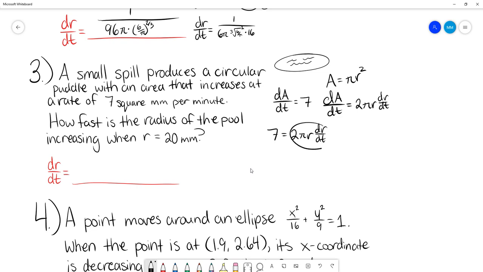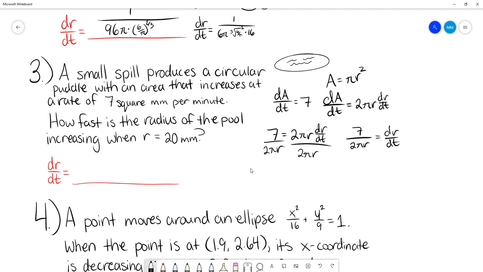So I see that this is all multiplying, so if I want dr dt by itself, I'm just going to take this chunk and divide it out. So I'm going to divide all of that by 2 pi r. So 7 over 2 pi r equals dr dt. And we're told that the radius is 20 millimeters at this point.